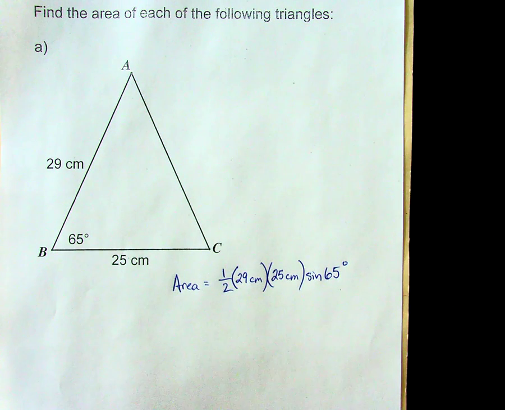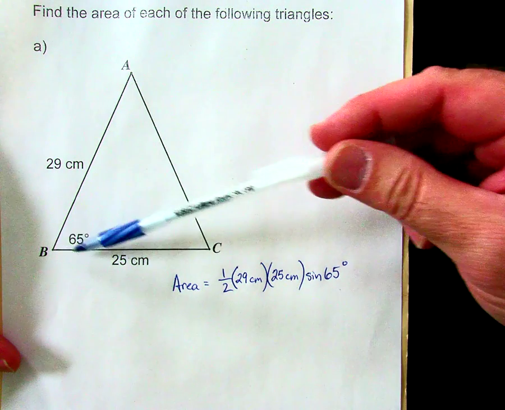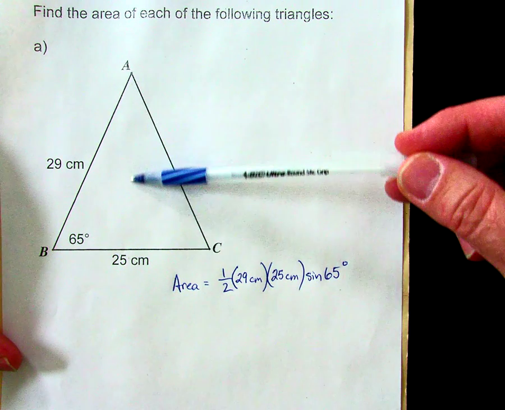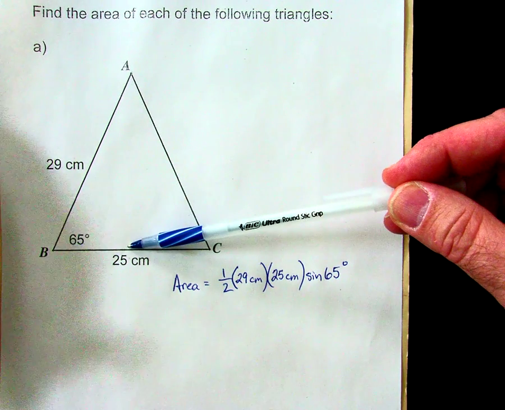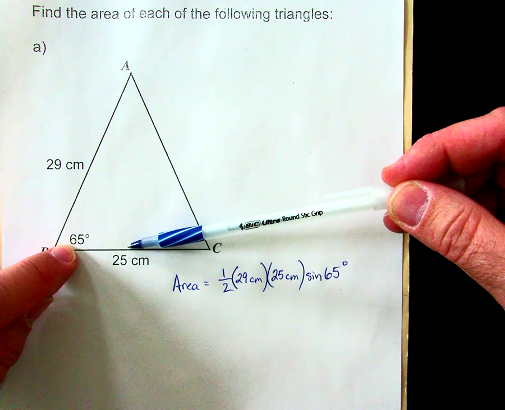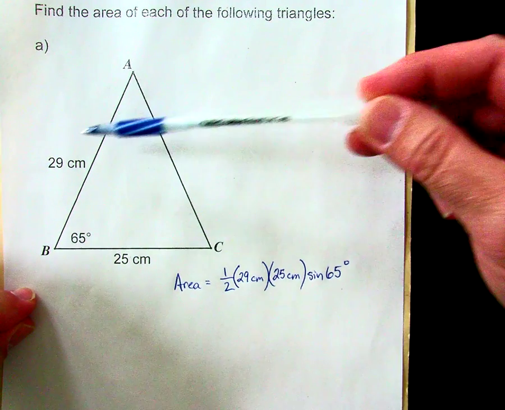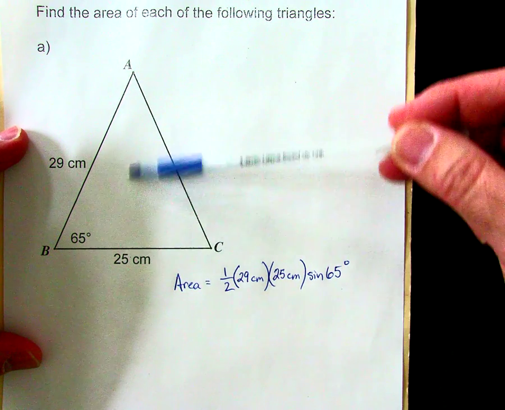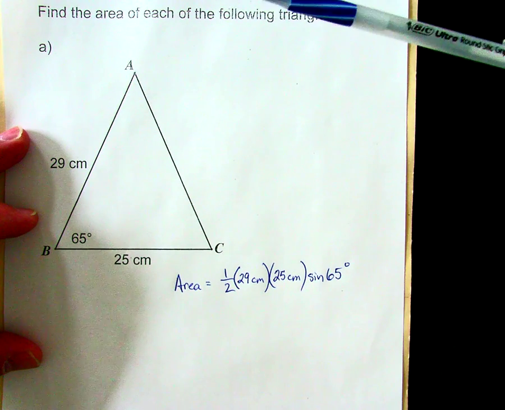How's this the same? Well, as we saw when we developed the formula itself, if I consider 25 centimeters to be my base, then my height would be the length of the altitude coming from point A. But the sine of 65 degrees in that right triangle would be the altitude length divided by a hypotenuse. So if I solve for that length, I'd have the hypotenuse times the sine of 65 degrees.